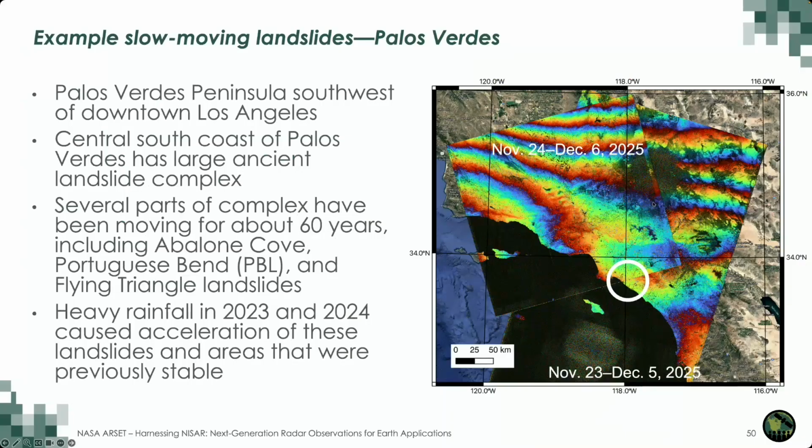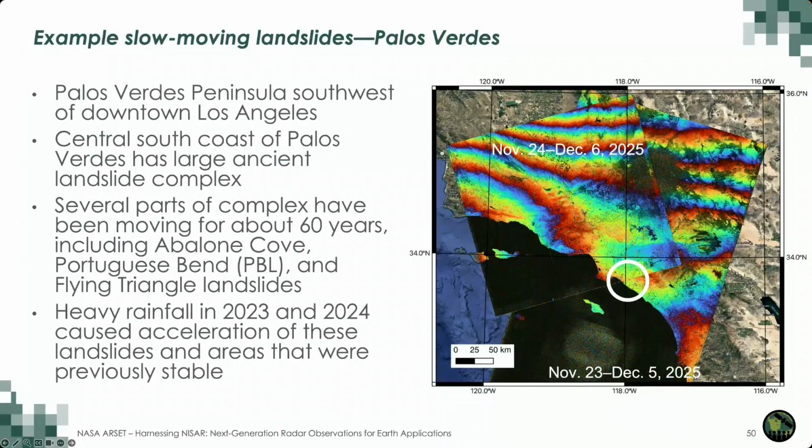These views here are a combination of the wrapped phase for these pairs and the coherence. That's one of the tricks that I often use, actually combining the coherence with the phase. I'll show you that in a minute.